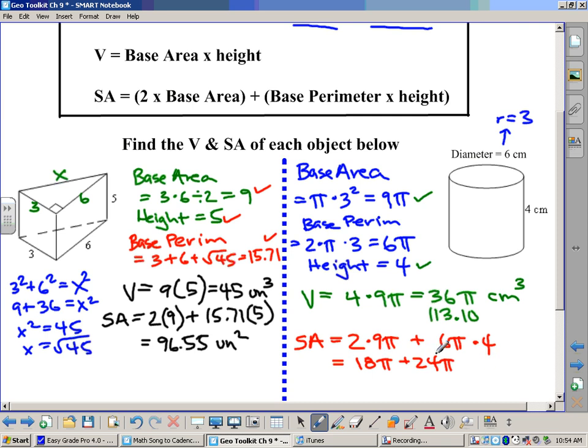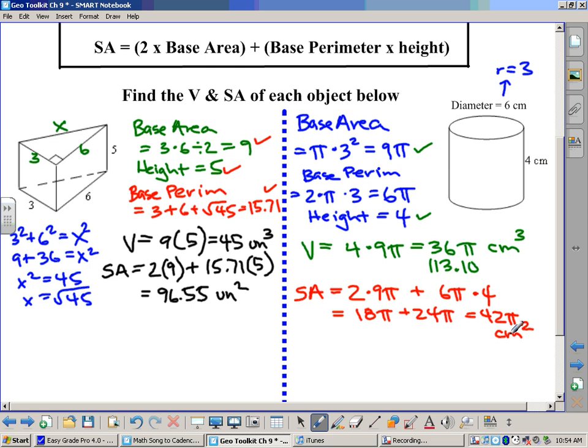Altogether, 18 and 24 is 42, so we have 42 pi, and that would be centimeters squared in this case here, so square centimeters. And if you want to go ahead and turn that into a decimal, you can. You don't have to, though. 42 times pi would be 131.95, and once again that would be centimeters squared, so that's what it would be approximately.